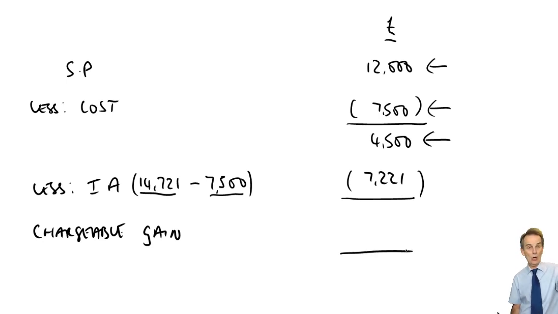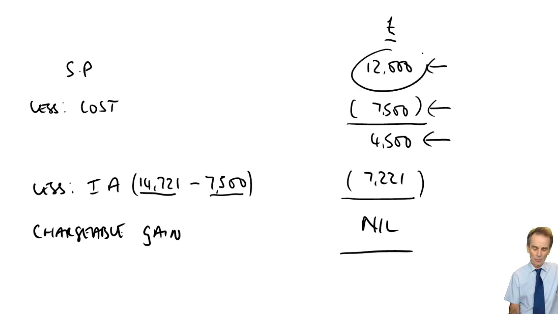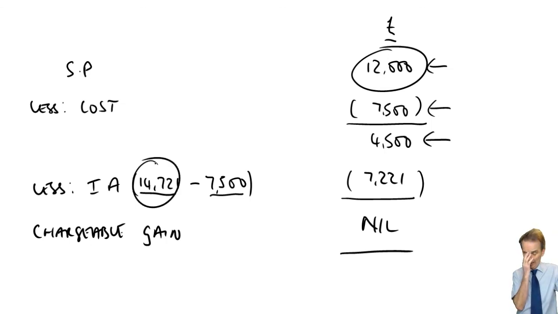You could put 7,221 in, but what you have to understand is, what is your bottom line? Do we get a loss as a result of this? No, you don't. There is simply a nil chargeable gain. Remember, indexation allowance can't create a loss. That's why, if we had taken a shortcut, there was a danger you might have gone proceeds 12,000 minus index cost from the share pool 14,721, which is a loss of £2,721.